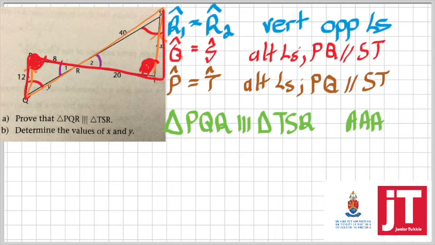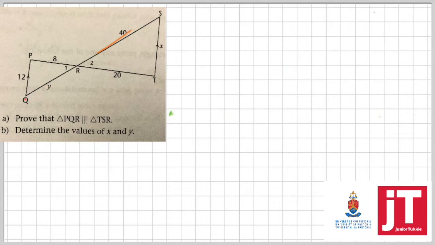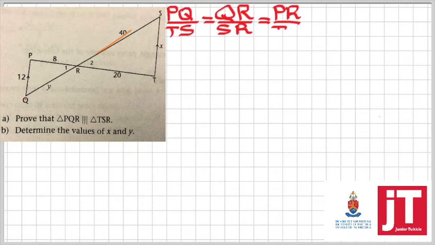We'll move on to part B of that question. We're required to determine the values of x and y. Now, to get the values of x and y, we're going to write the ratios of our sides. PQ over TS is equal to QR over SR, and that is equal to PR over TR.